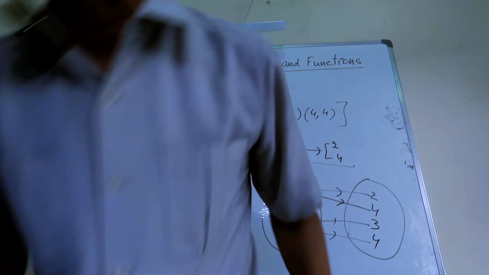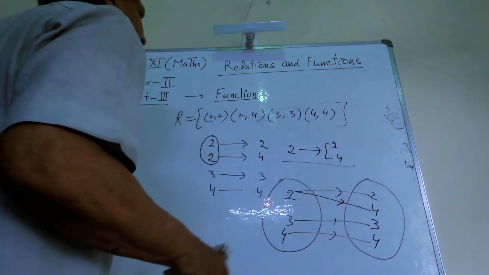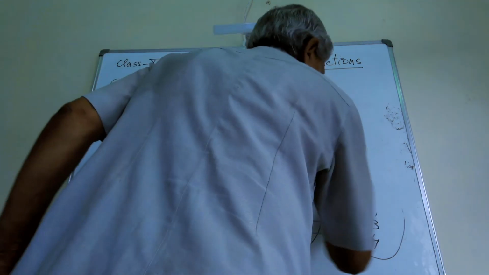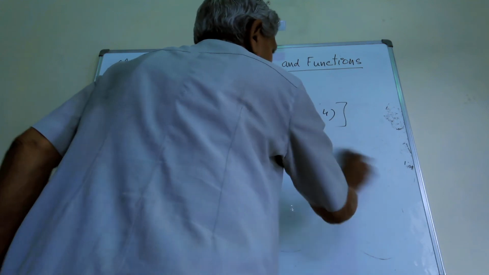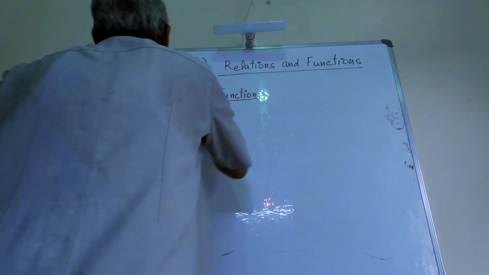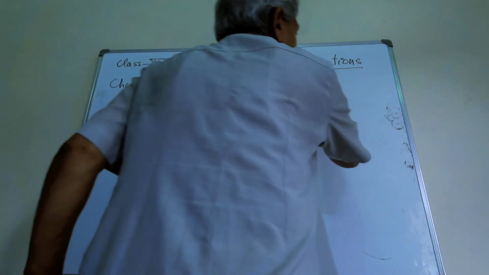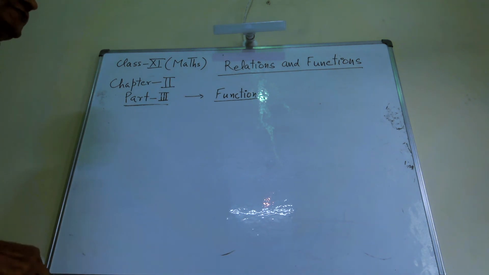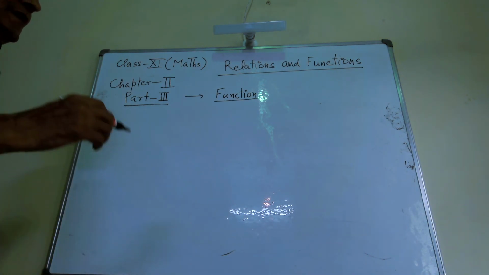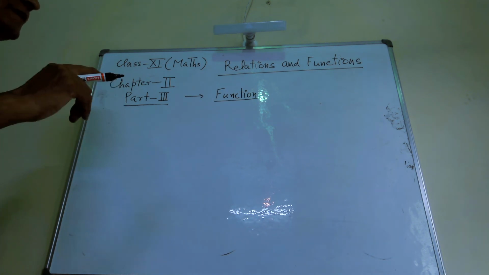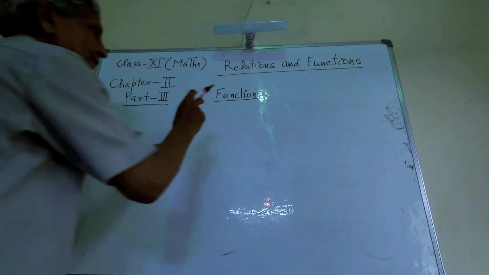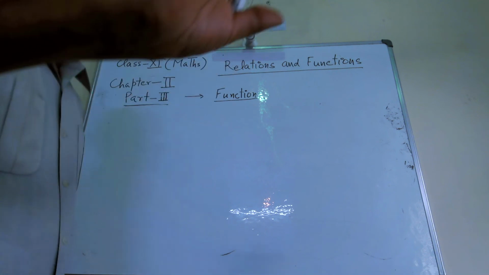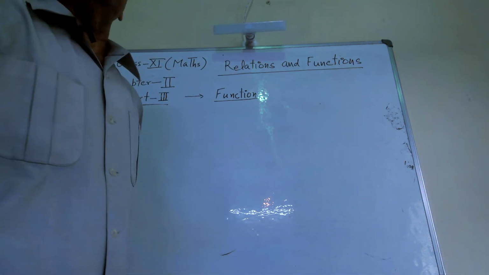So this is not a function, this is a relation. So my dear students, I think the definition of the function is very clear to you, because I have given so many examples to you. There are 2 conditions of function. Every element of A should have an image in B. This is the first condition.